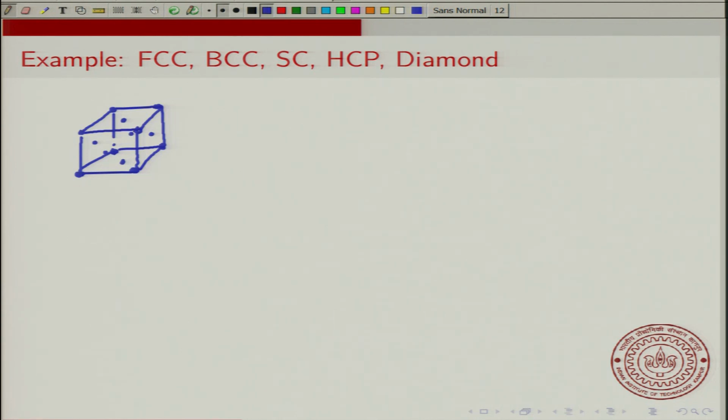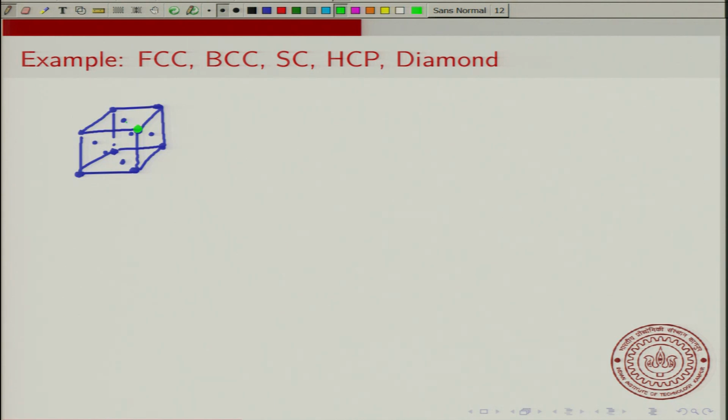It is more clear if you extend the lattice. Let us take this atom that I am coloring in light green, and look at the coordination around it.